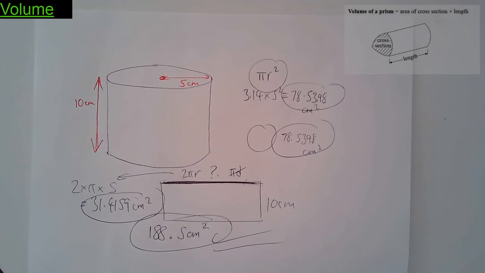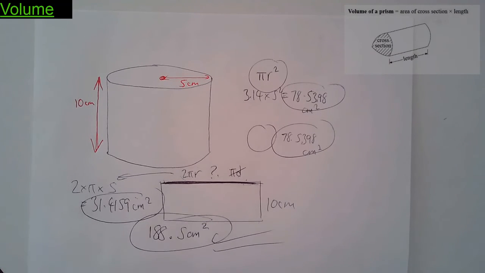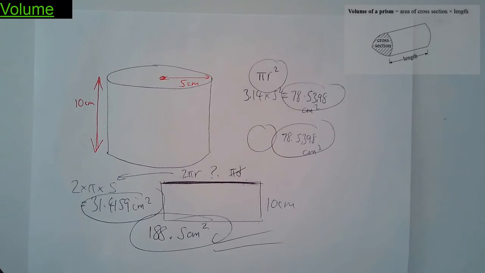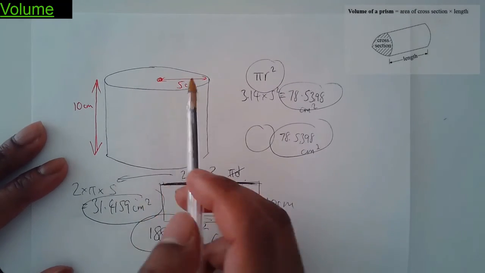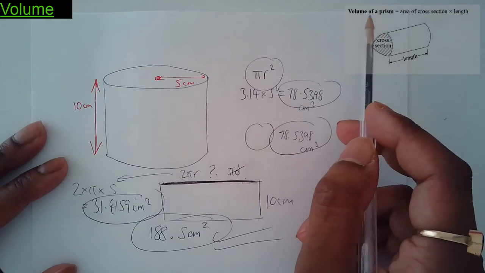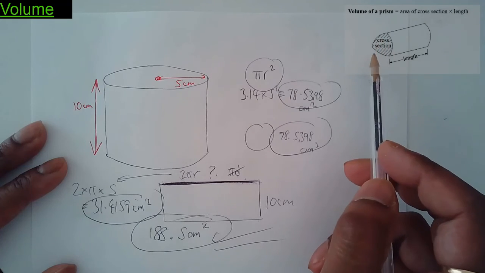I notice I've just changed the title just now. I'm going to show you how to find the volume of this cylinder so as not to confuse you with surface area. 2 different things. And this was done in a previous video. This is a prism, and here's the formula. Volume of a prism, any prism, is the cross-sectional area, here it is, multiplied by the length.